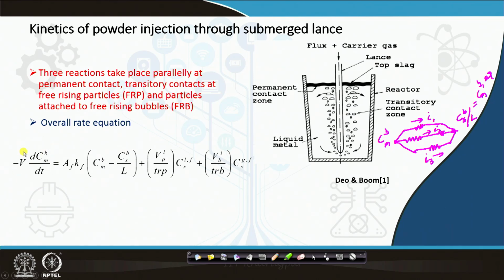So, this is the amount of impurity per unit time that is transferring from the metal to the slag, and that is the summation of rate 1 plus rate 2 plus rate 3. Okay. So, this is the rate by the permanent contact, this is the rate through the free rising particle, and this is the rate through the FRB, that is through the bubbles. Okay.